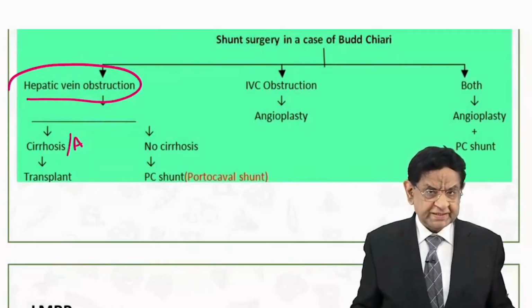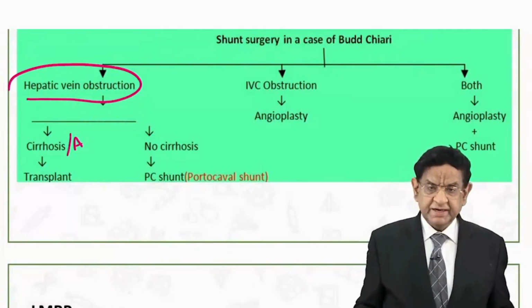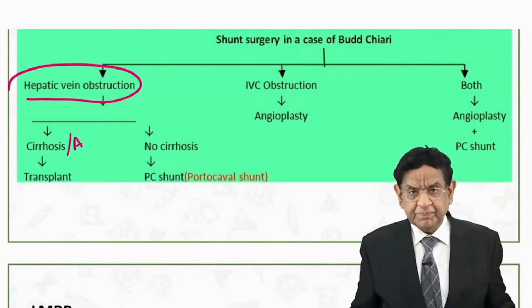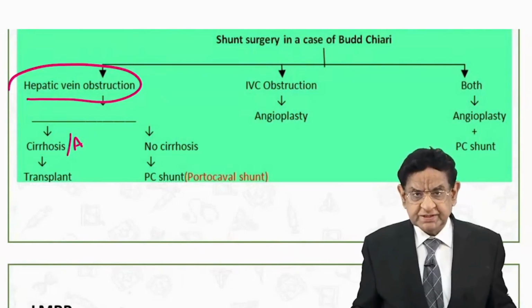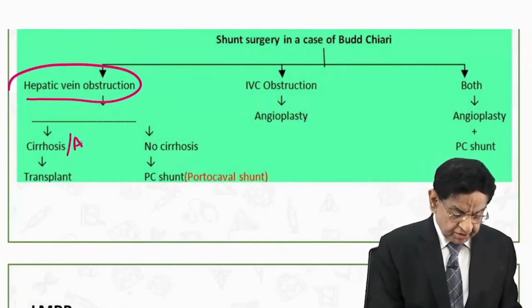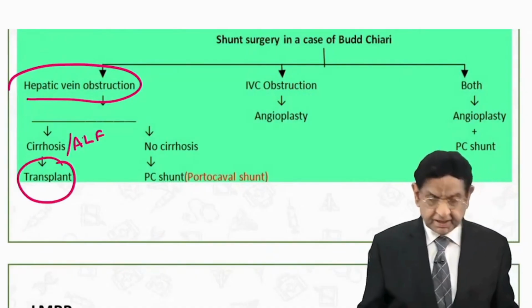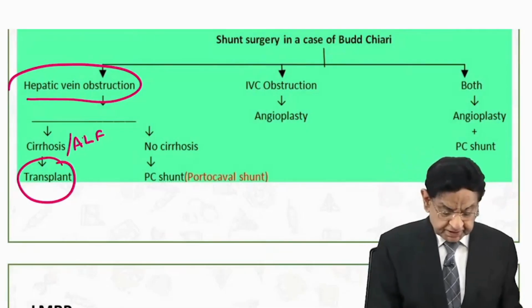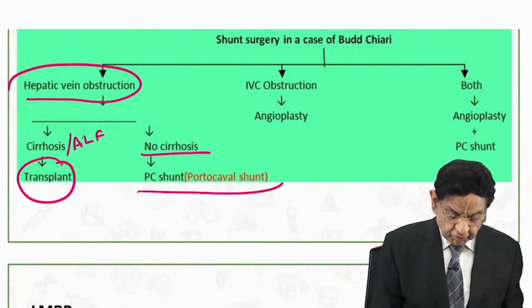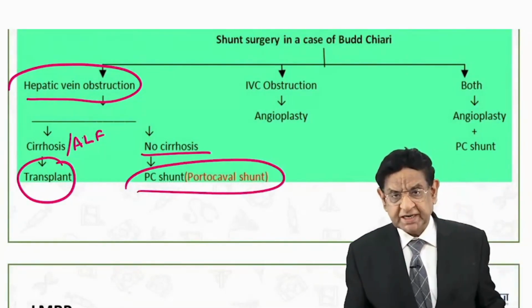Patient already has cirrhosis of liver and or has developed cirrhosis soon after this blockage and has got acute liver failure. In such cases go for transplantation.